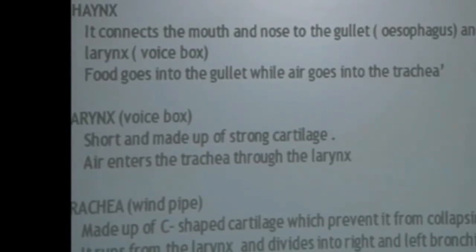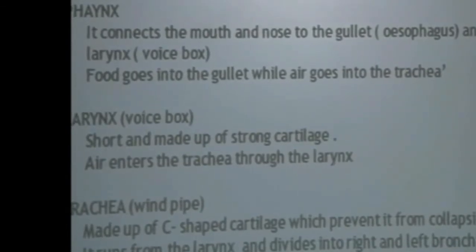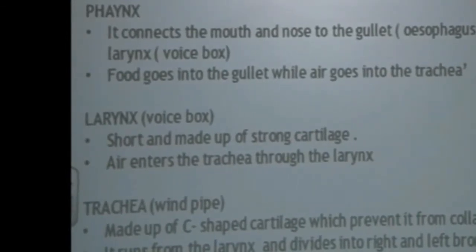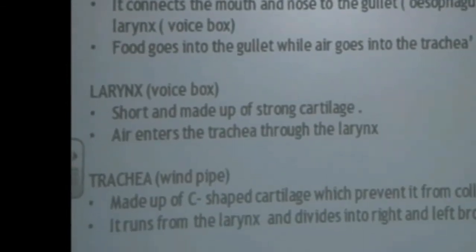And the other thing that happens there is that the food goes into the gullet while air goes into the trachea. So the air will go straight into the trachea while the food you take in from your mouth goes straight into the gullet. Now, the next organ or structure is the voice box itself, which is the larynx.